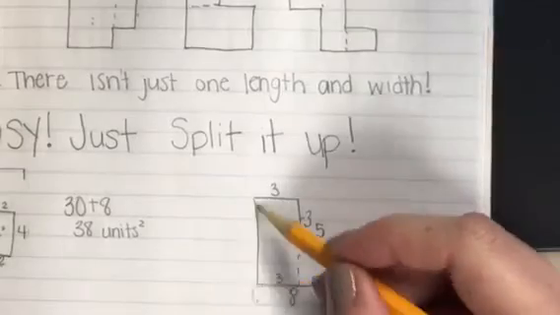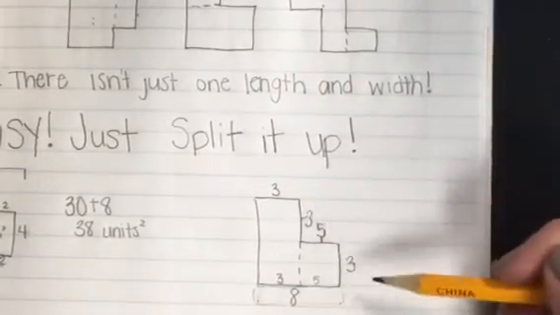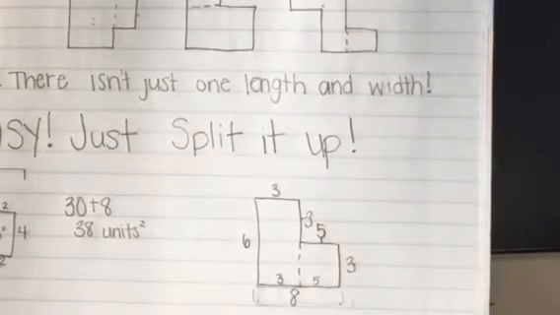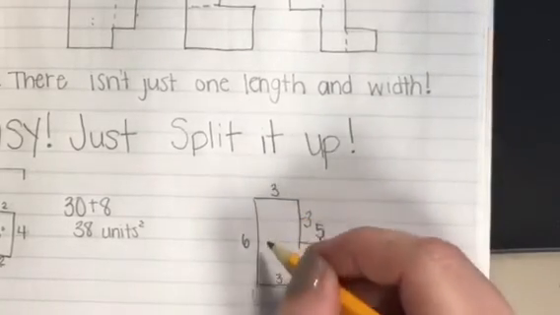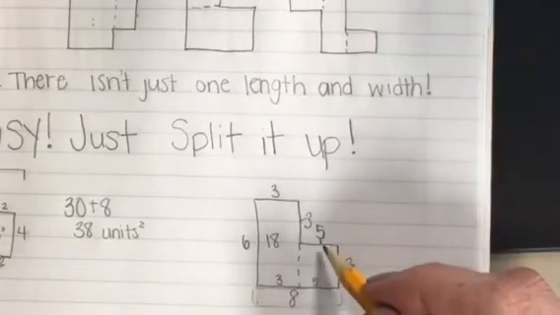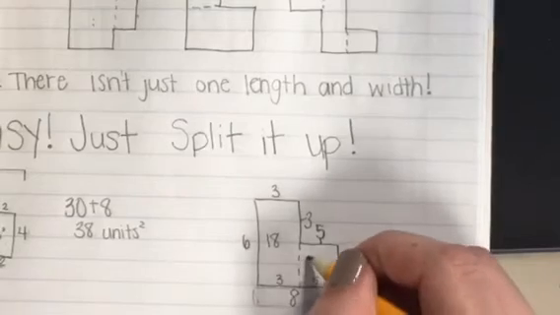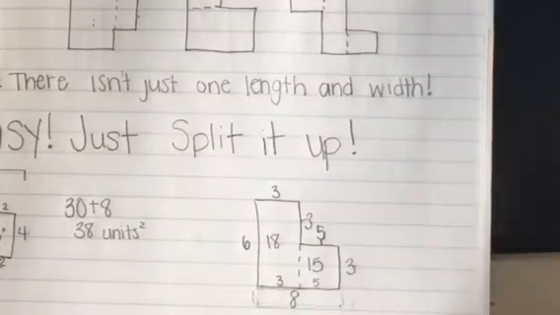Okay, now I need to find this length. Well, if this side is 3 and this is 3, that must mean the whole thing is 6. Now I can find the area. 6 times 3 is 18. And I have the length and the width for this shape. 5 times 3, 15. Well, what do I do with those two numbers?